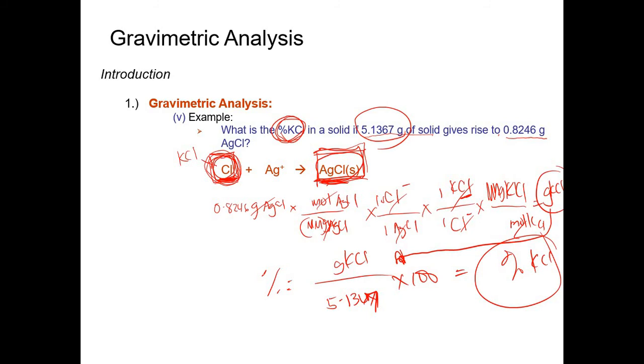So ang analyte nimo is naa dito sa equation. Sometimes ang imong analyte, which is in this case KCl, ang imong gipangita, it's KCl. So sometimes, like in this case, the analyte will be related to what is in the balanced equation. So for example, for every 1 mole of KCl, there's 1 mole of chlorine. Okay?